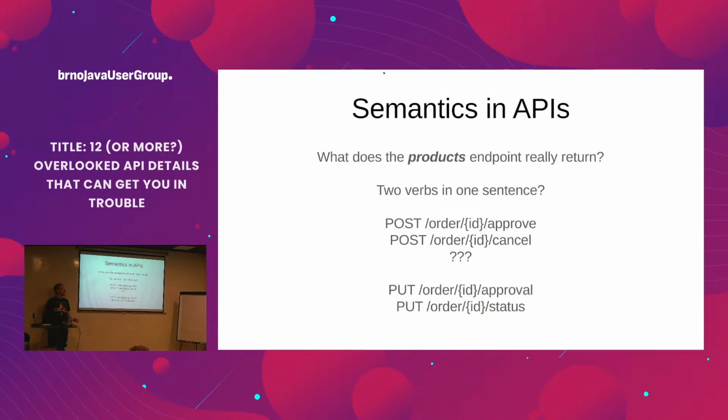Another thing about meaning is, of course, we people have some ways how we think, and we should try to help people to understand. There are some guidelines for how you can structure your APIs. For example, that the APIs should be some tree structure, and it's not something that is required by REST, but it helps.